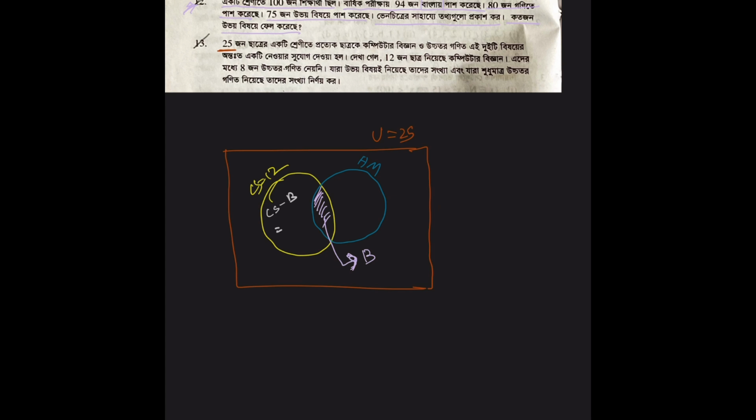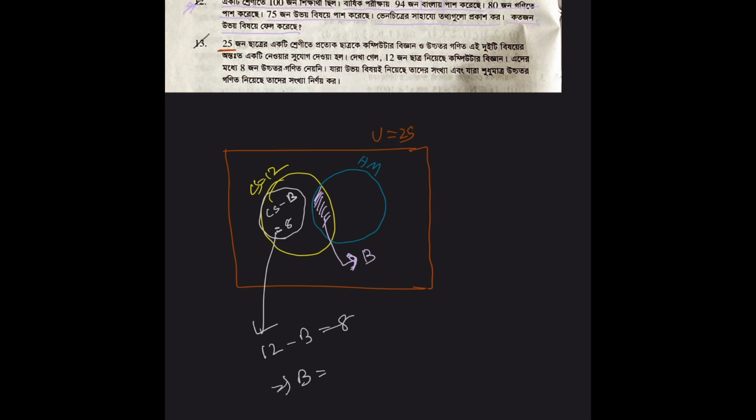This means that the number of students who took only computer science is 8. Now from this diagram, we can easily write an equation. What can we write? 12 minus B is equal to 8.